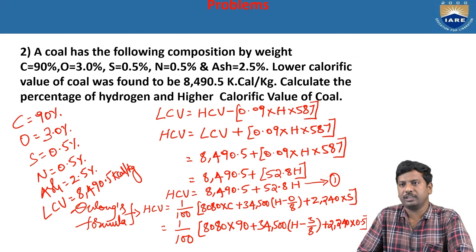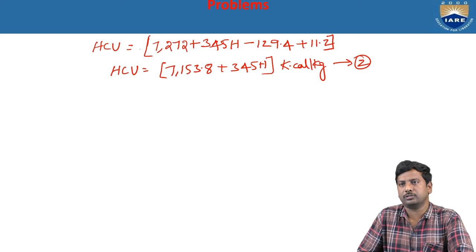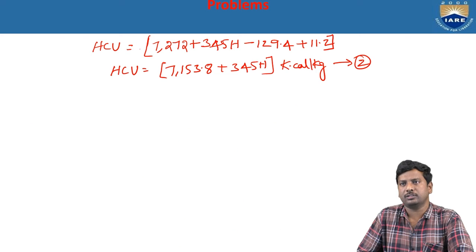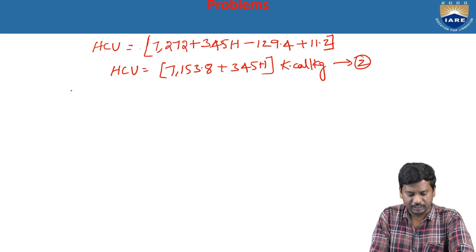From equation 1 we got HCV is equal to 8490.5 plus 52.8 H, and from equation 2 we get 7153.8 plus 345 H. So both are the values for HCV, equation 1 and equation 2. Now applying the condition, equation 1 is equal to equation 2.